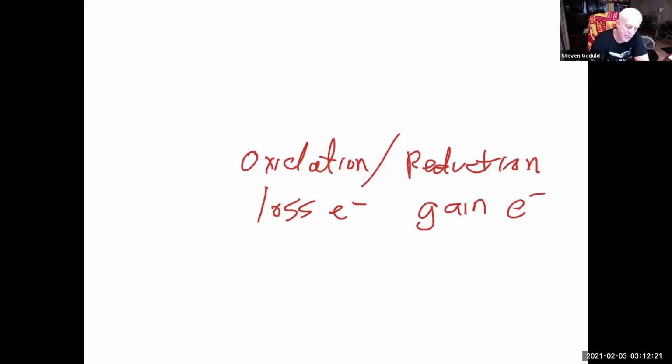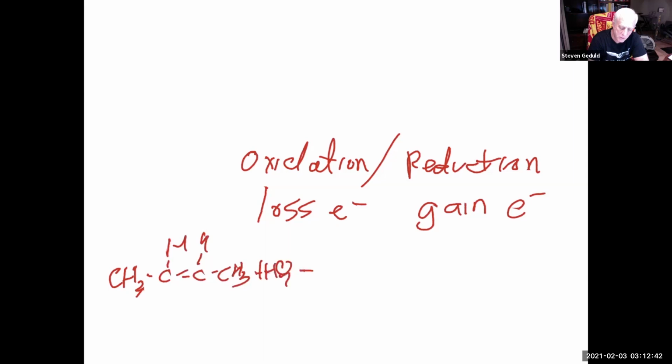If we take an alkene, a hydrocarbon, let's put CH3, C double bond C, CH3. There's a hydrogen, there's a hydrogen. And we're going to add water to that, H2O.